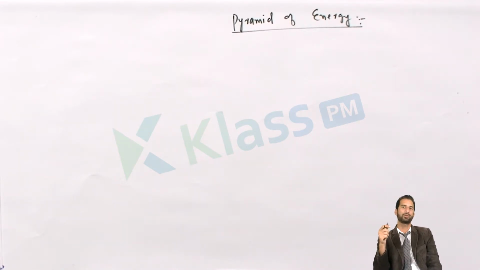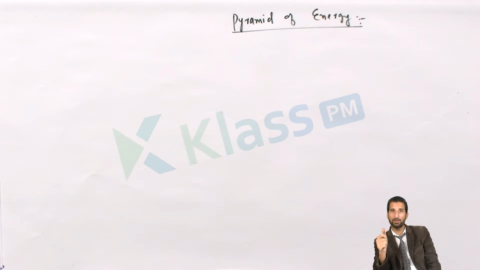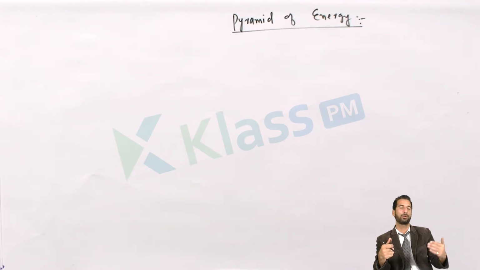Simply, if you see the producers, and next in the line from the producer is the primary consumer, then the secondary consumer, then the tertiary consumer, then the top consumer. The maximum amount of energy is available to the producer, and a lesser amount of energy is available to the primary consumer compared to the producer.